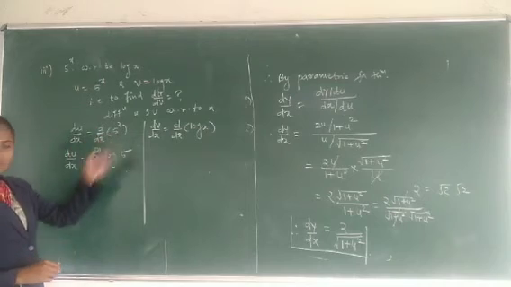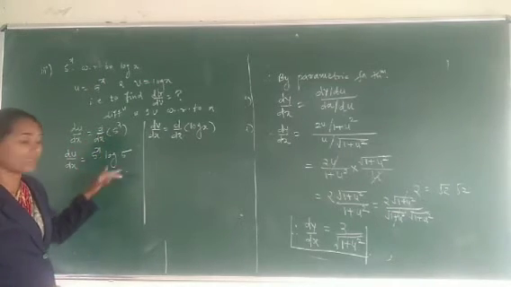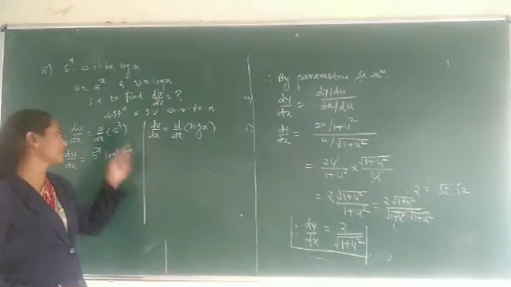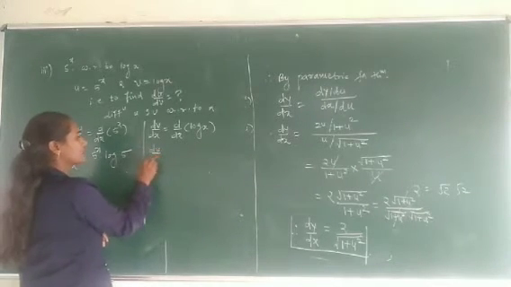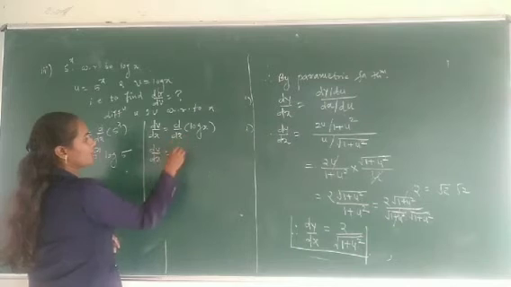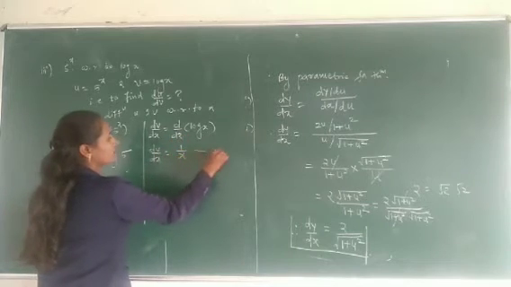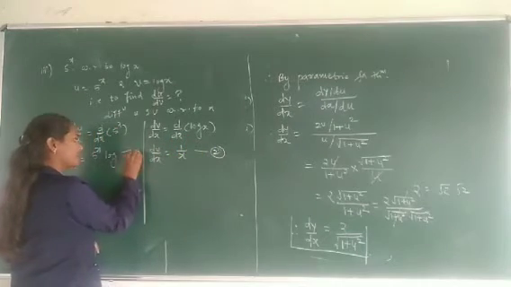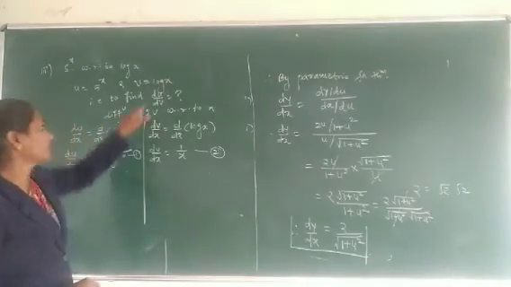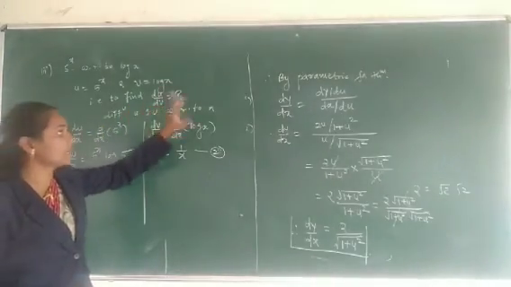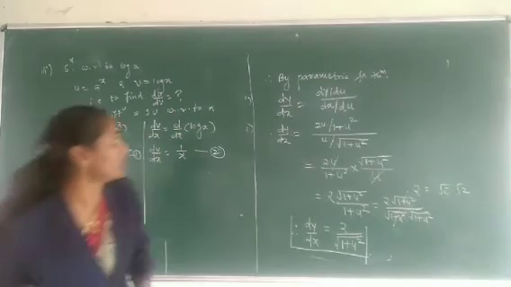This is a raised to x, and the derivative of a raised to x is a raised to x into log a. Here the base is 5, so we write log 5. And dv upon dx is equal to the derivative of log x, which is 1 upon x. That is equation number 2 and equation number 1. We get equation 1 and equation 2, and we have to find du upon dv. Therefore, again we write by the parametric function theorem.